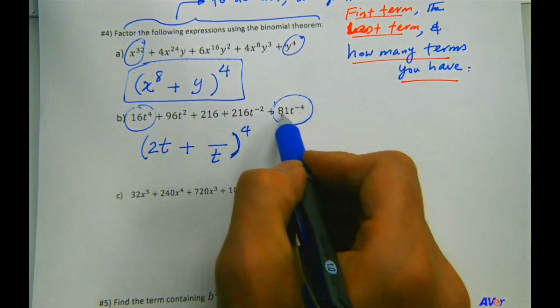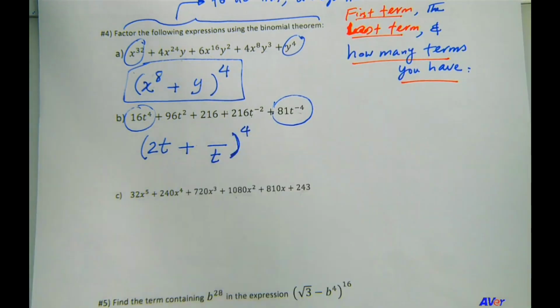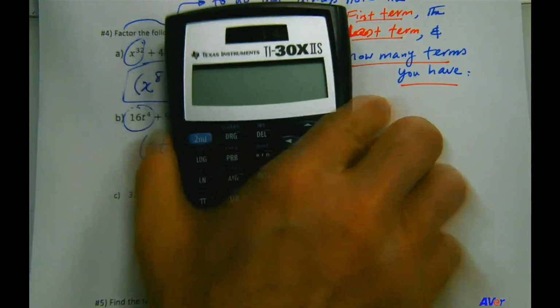What about the 81? What number raised to 4th power is going to give us 81? I mean, it's 3, but even if you don't know that, you can take the 4th root of 81 to find out.